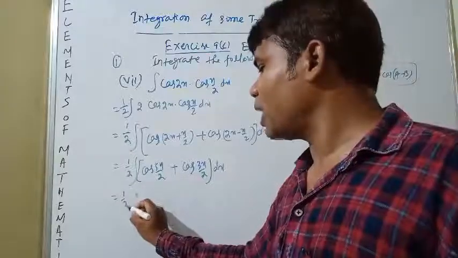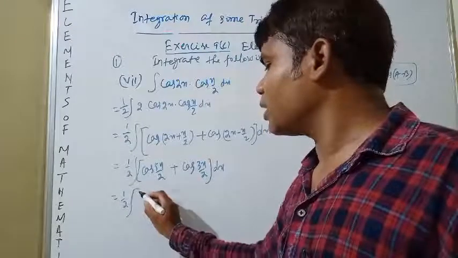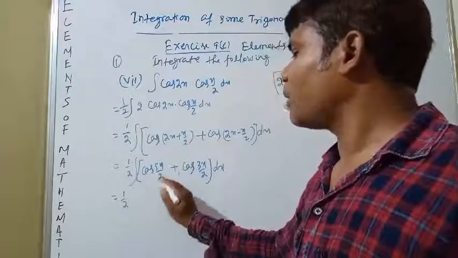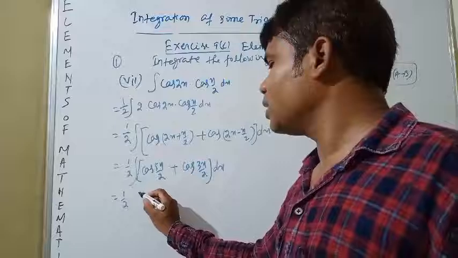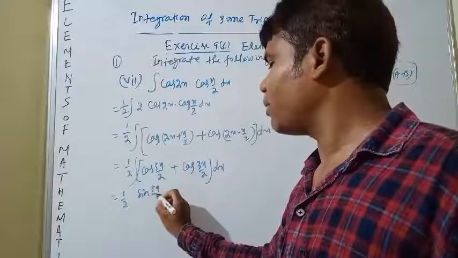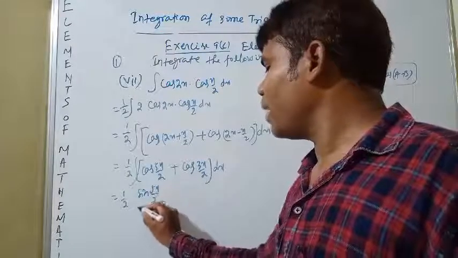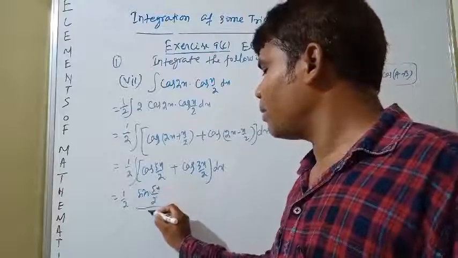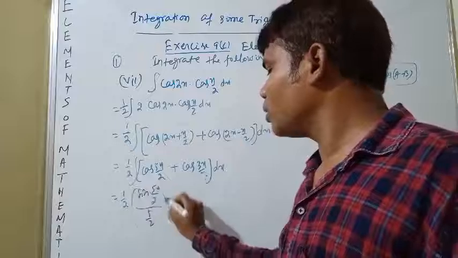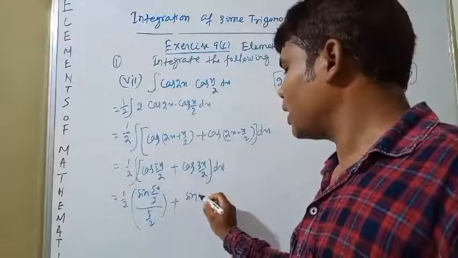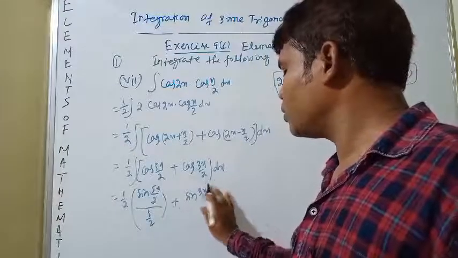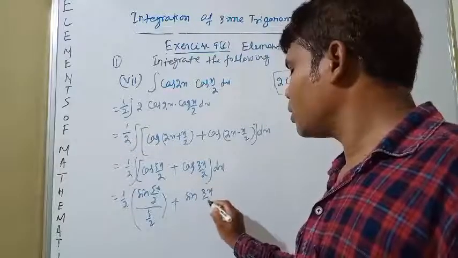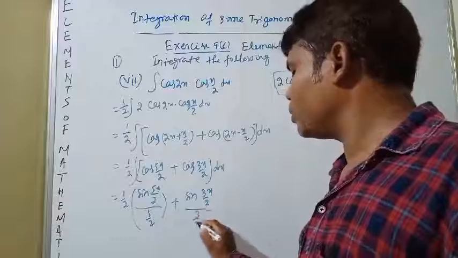Now you integrate directly: cos 5x by 2 gives sin 5x by 2 divided by 5 by 2, plus sin 3x by 2 divided by 3 by 2.